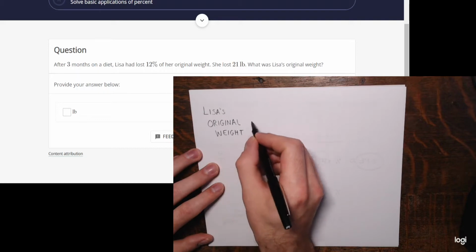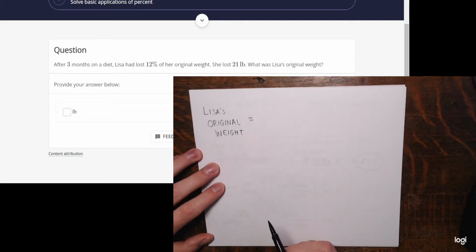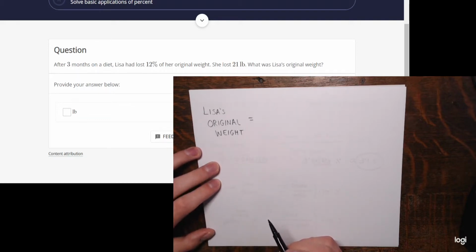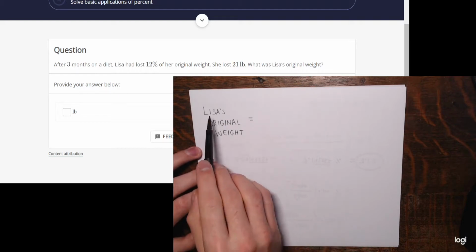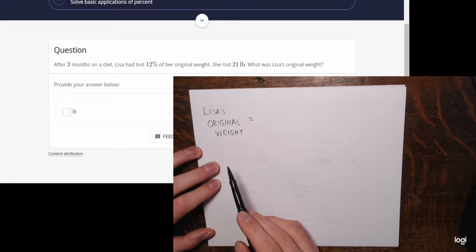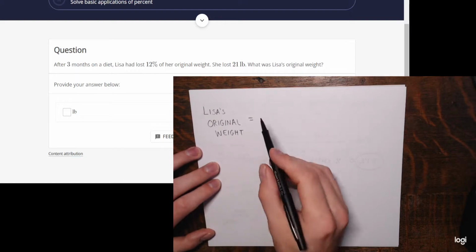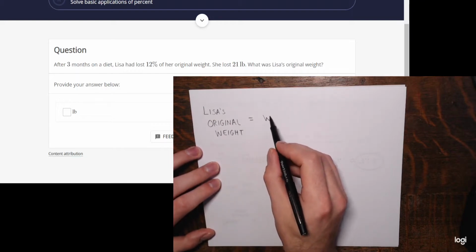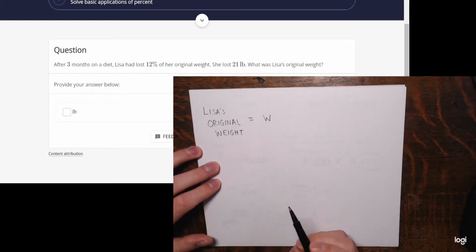This is unknown. Then you name that thing, just so I don't have to keep writing out the words Lisa's original weight, which would be tedious after a while. I could call it L for Lisa or W for weight. I'll use W for weight, or you could call it X or Y or Z, whatever you want.